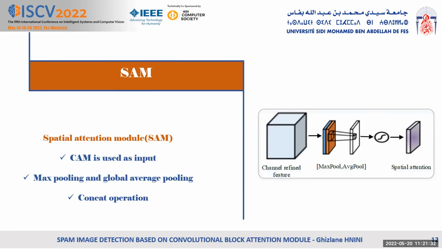Next, after a 7 by 7 convolution operation, it is reduced to one channel. After that, the spatial attention features are generated by a sigmoid function. Finally, this feature is multiplied with the input feature of the model to get the final generated features, or the refined features.